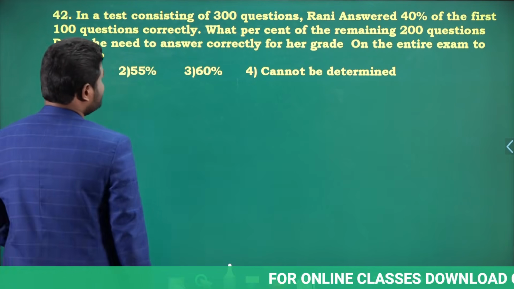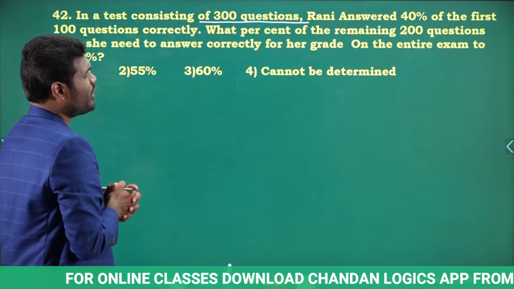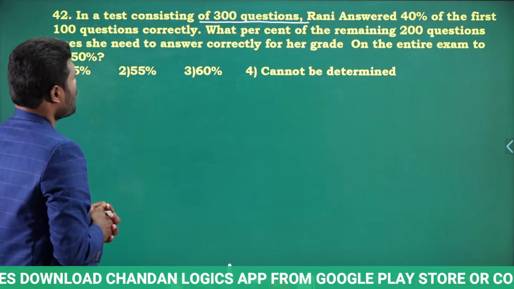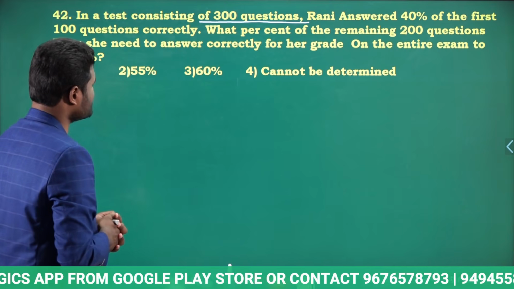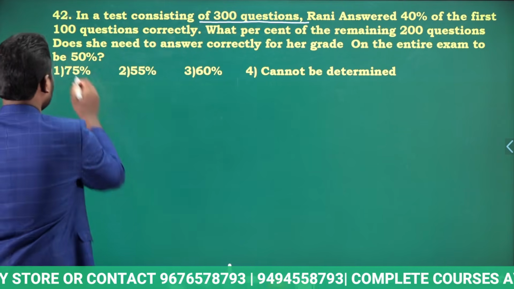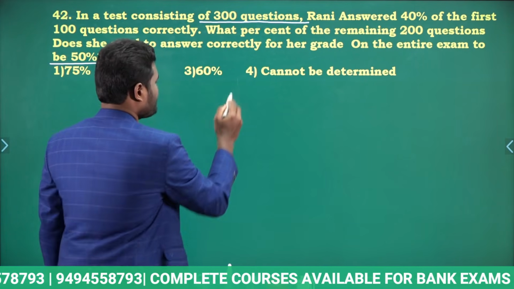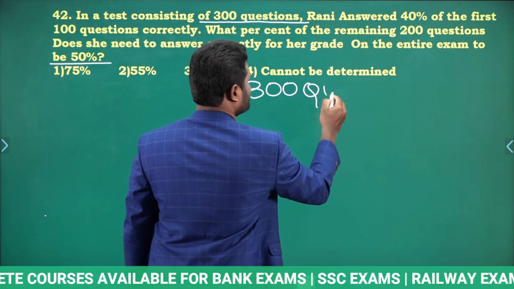In a test consisting of 300 questions, Rani answered 40% of first 100 questions correctly. What percent of remaining 200 questions does she need to answer correctly for her grade on the entire exam to be 50%? This is like very simple and general question. So total examination consists of 300 questions.